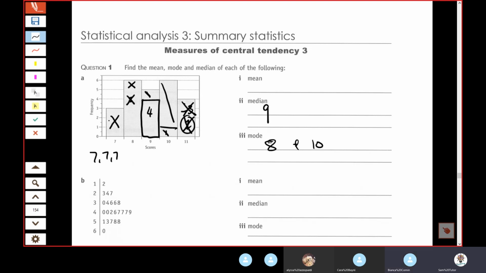There are 3 7s. There are 6 8s: 1, 2, 3, 4, 5, 6. There are 5 9s. There are 6 10s: 1, 2, 3, 4, 5, 6. And then there are 4 11s. Gosh, all right.